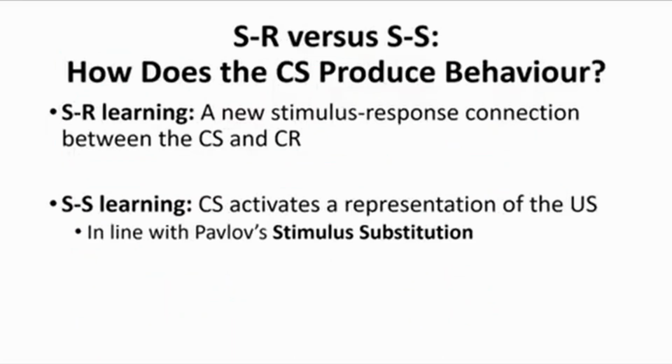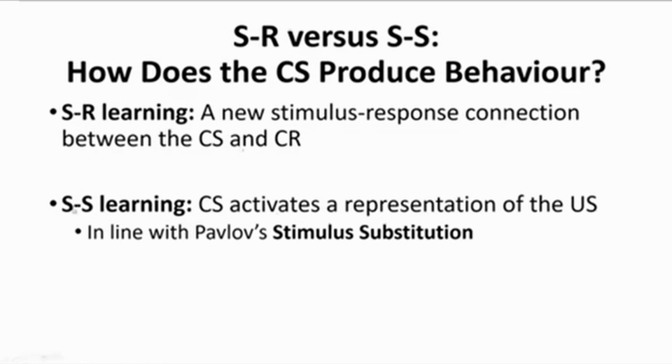The next thing we're going to talk about is how our conditioned stimulus ends up actually producing our behavior. So what kind of mechanism do we think is going on? And to do this, we're going to look at SR and SS learning. So SR learning is basically saying that a new stimulus-response connection forms between our conditioned stimulus and the conditioned response.